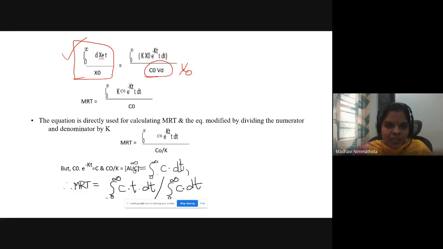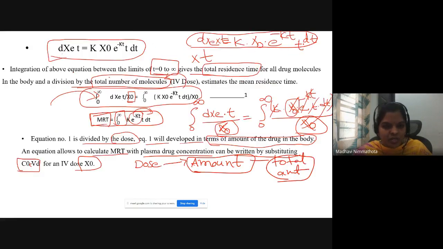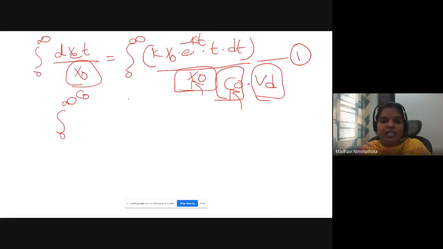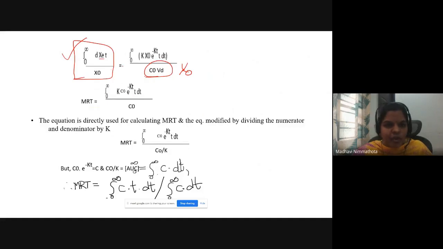So this term will be the same as that of equation 1. Only this term changes to C0 into Vd instead of X naught. The whole term will be the same.